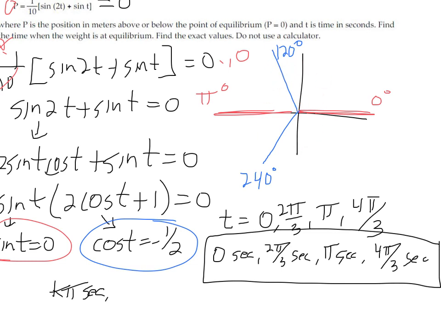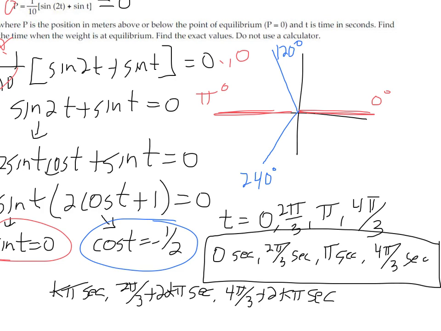So that would be 2 pi thirds plus 2k pi seconds, and similarly 4 pi thirds plus 2k pi seconds. That would express all of the solutions, not just the ones one time around. Why they went just one time around, I'm not sure. It doesn't specify. But either way, we have this solution.